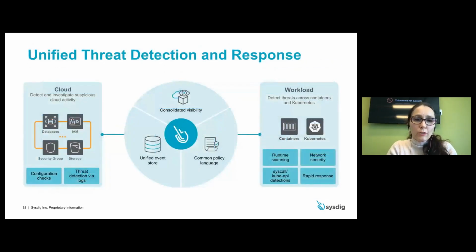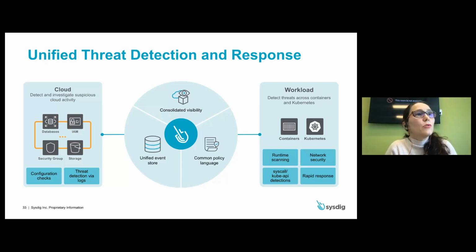One thing that we like to point out also is that when you are dealing with modern cyber crime and threats in the cloud native environment, you cannot separate what is happening in the cloud and what is happening in your workload. If you have these two things observed from different tools, you have a gap in your ability to detect and respond.